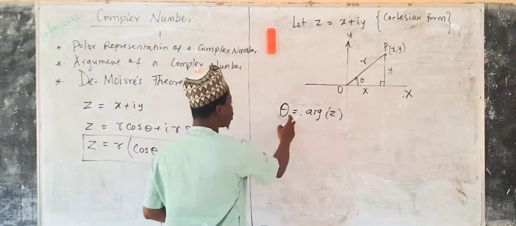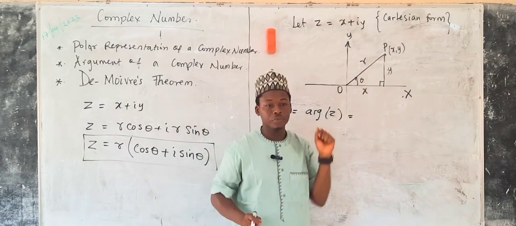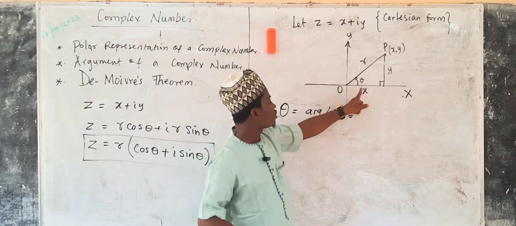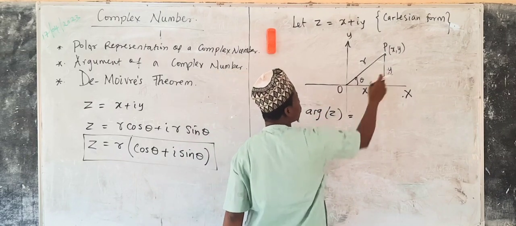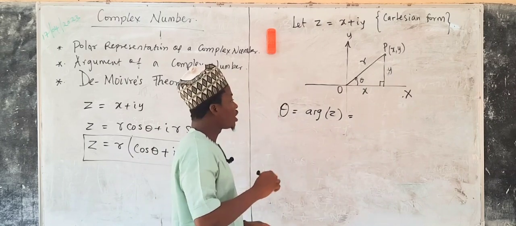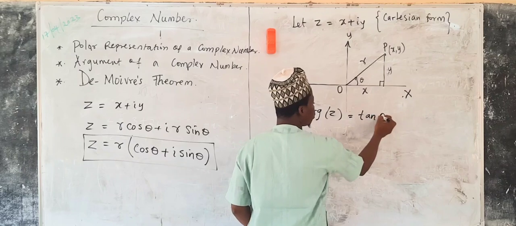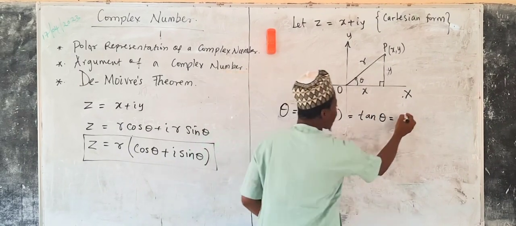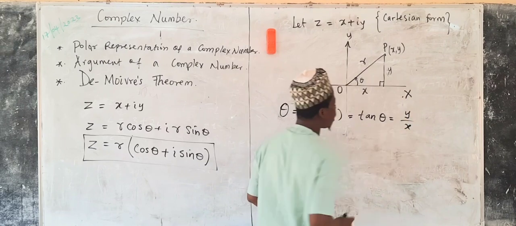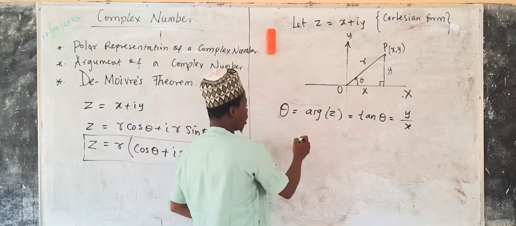So considering x and y, you will see that this is the adjacent and this is the opposite. So we will now use tan theta, which is equal to y over x.